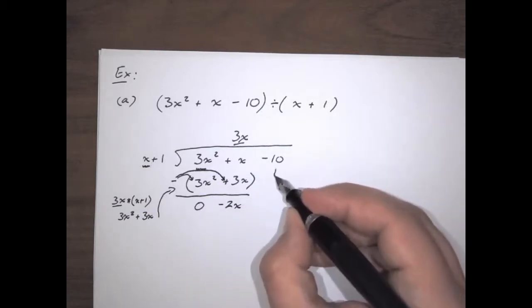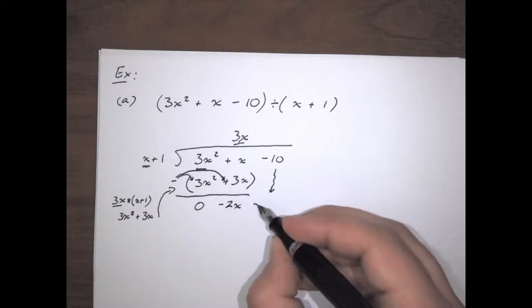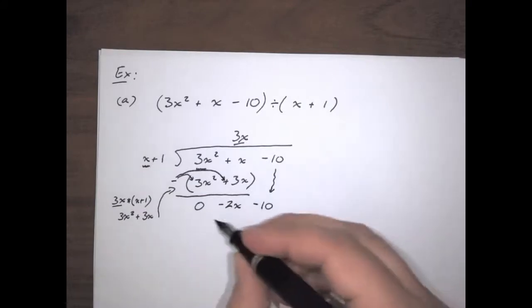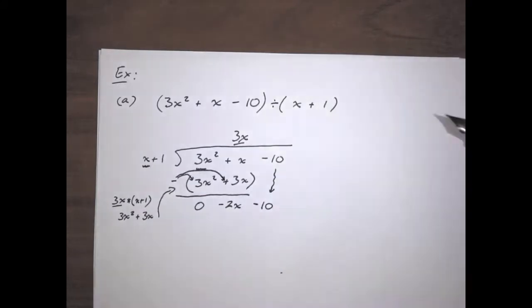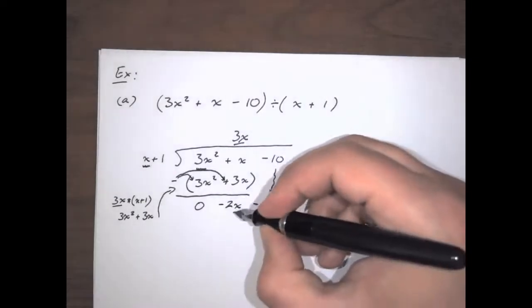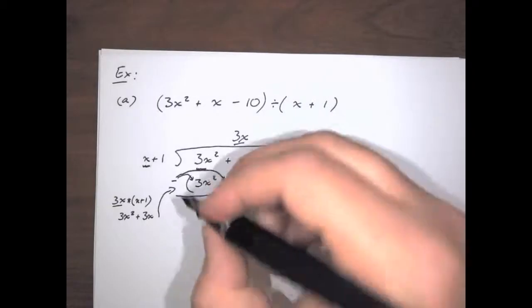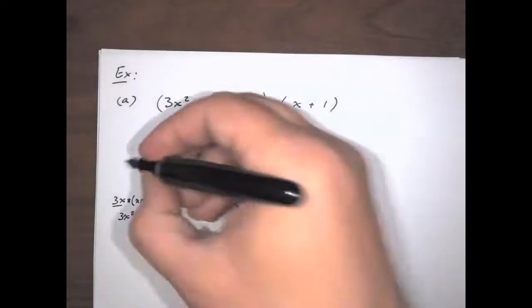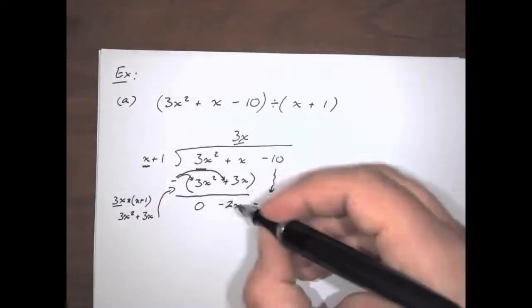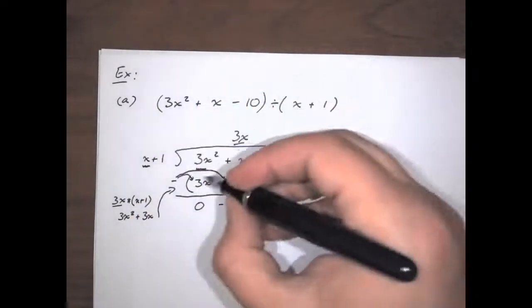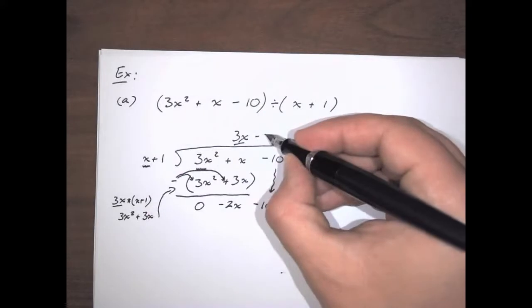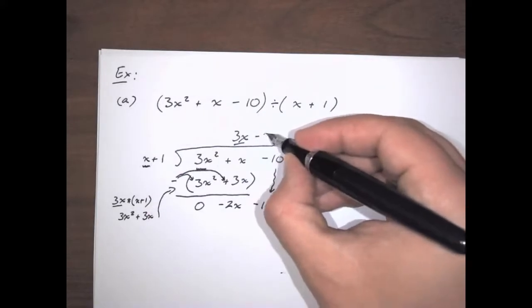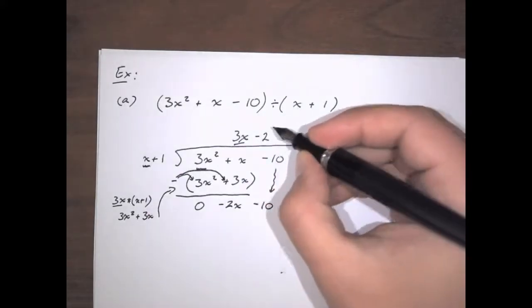And then we do like we did before, we bring down the next term. This is now effectively our dividend from now on. From now on, we are going off of this. So now we look at this again, and we look at this, and we figure out what we need to multiply this by to get into that. Well, the most we can do is a negative 2. So we can multiply it by a negative 2.